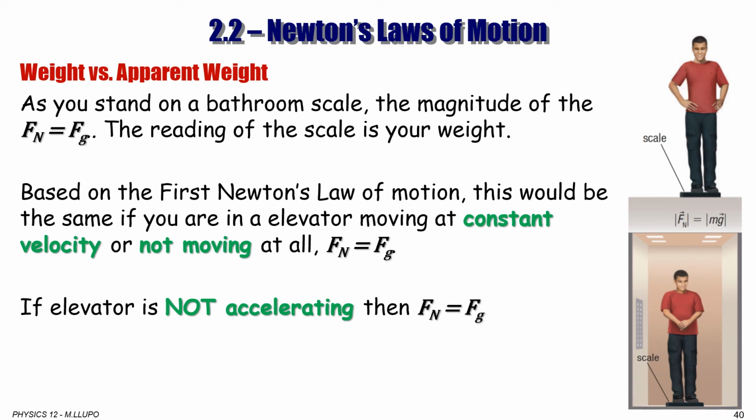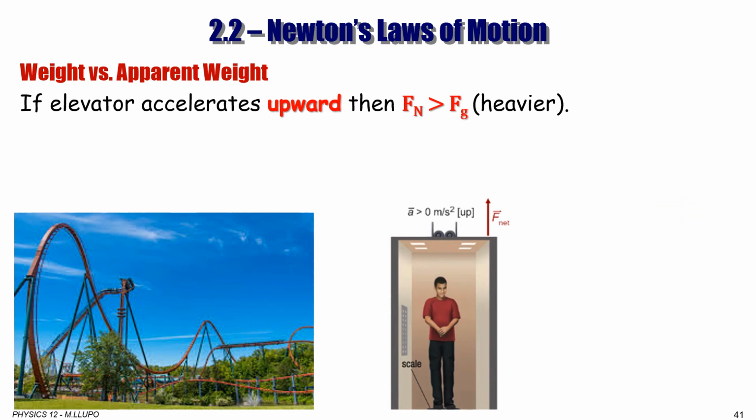So if the elevator is not accelerating, so it's staying at rest or moving at a constant velocity, we know that weight is exactly your force of gravity. You have already experienced apparent weight, meaning you feel heavier or lighter if you ride a roller coaster or ride the elevator.